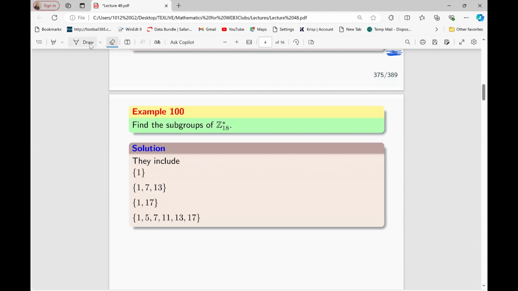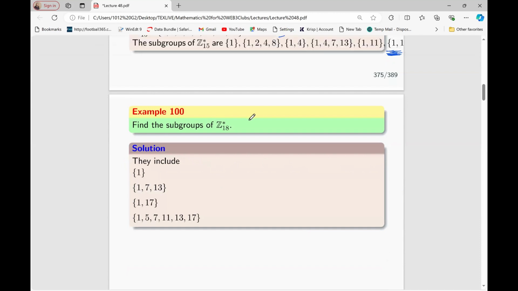Now, we want the subgroups of Z star 18. We'll have a function that gives us the elements of this group.